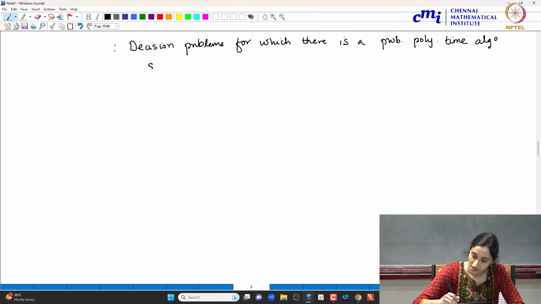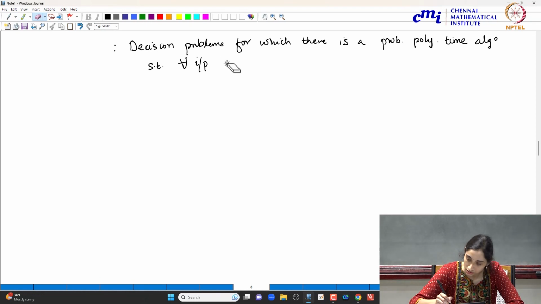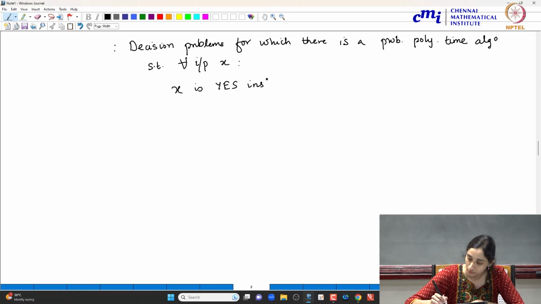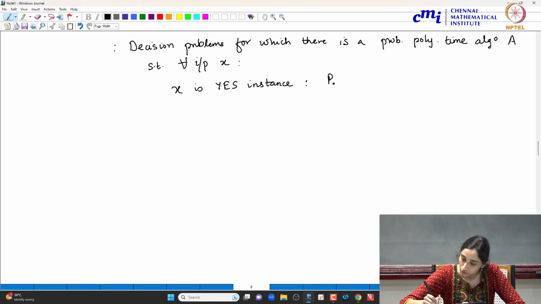such that on all inputs x, if x is actually a yes instance, so x is an input and it's either a yes instance or a no instance, let's call this algorithm A. The probability that A outputs yes is at least 2/3.